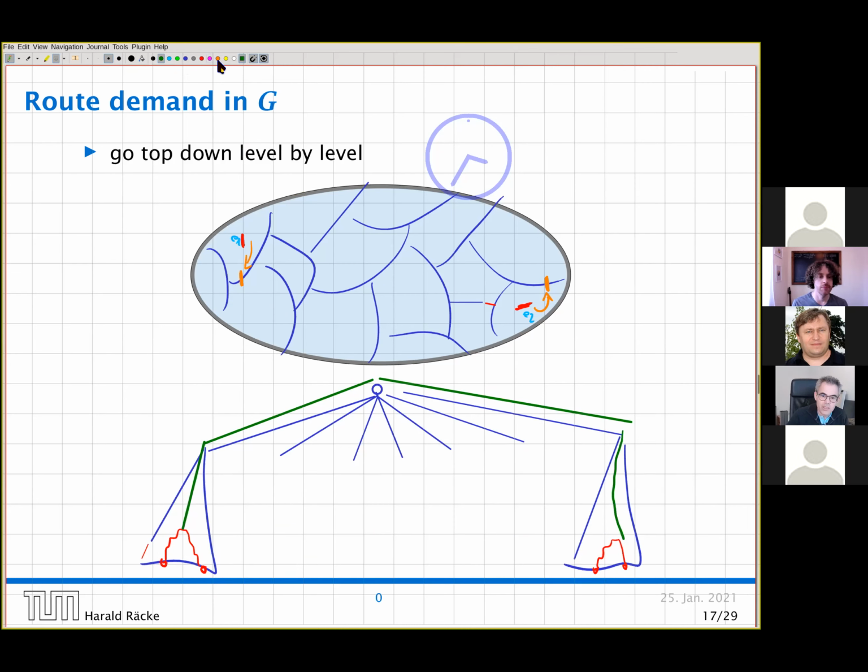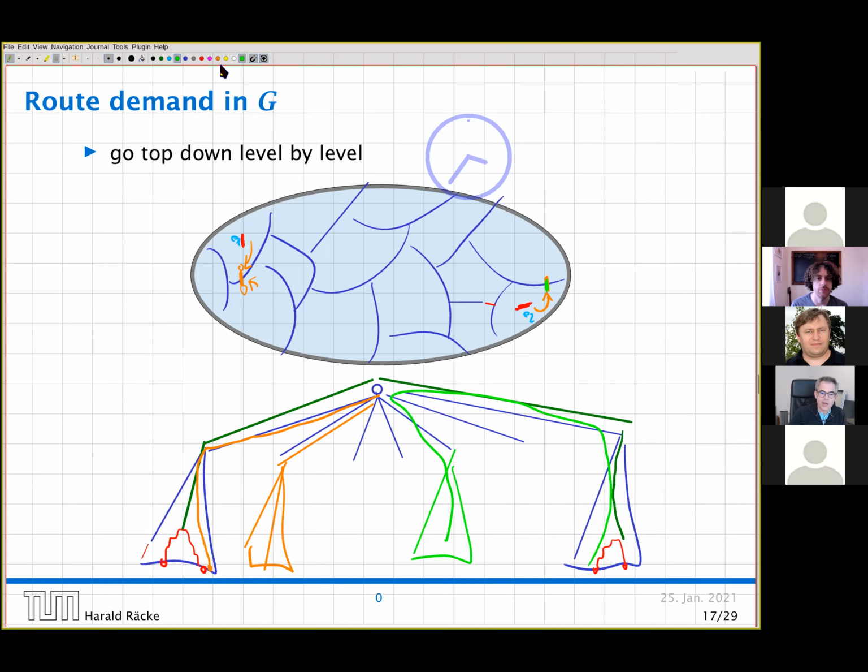And now instead I want to route somewhere else. I want to route to this edge. But this edge has one endpoint in this cluster and another endpoint in another cluster. So this edge must look like this. It's a path like this. This goes over this cluster here. And the same for the other edge. So this other edge must be a path like this, going somewhere in this cluster.